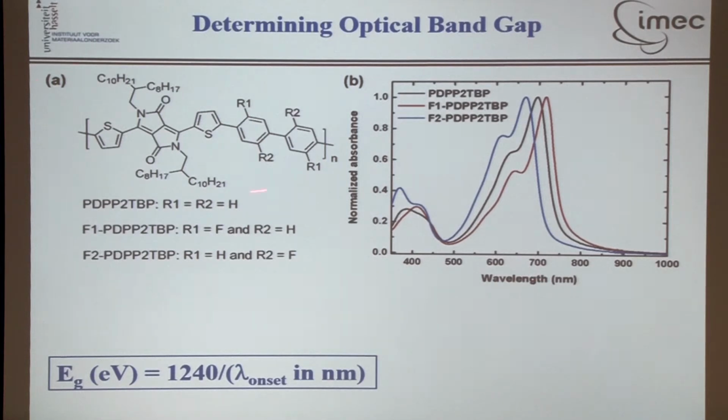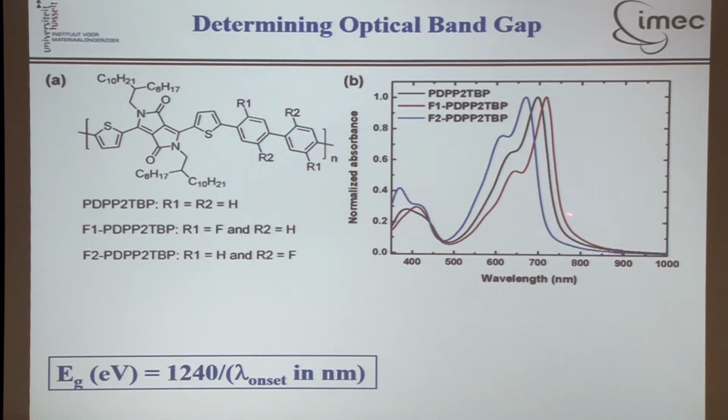Here you have a conjugated polymer that's used for solar cells. There are three derivatives on these positions. Fluorine atoms are built in, or here, or there, or these are replaced by hydrogens, so that's the three types. Now you see that they have different absorption spectra.